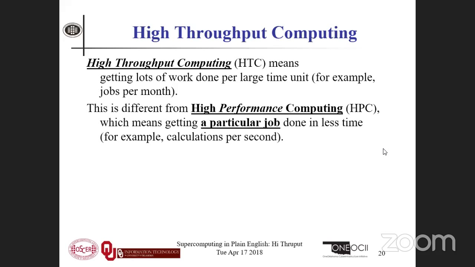We're much more interested in how many jobs it can do per day or week or month or year. That's a much different kind of measure from performance, which we usually measure in calculations per second. So we're not trying to get a specific job done quickly. We're trying to get many, many jobs done as quickly as possible.